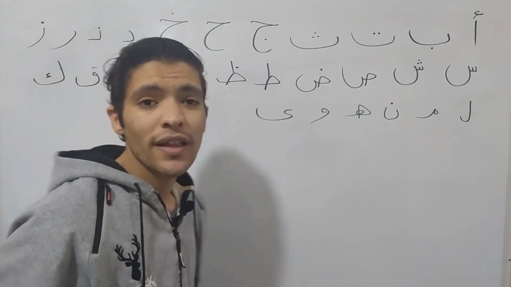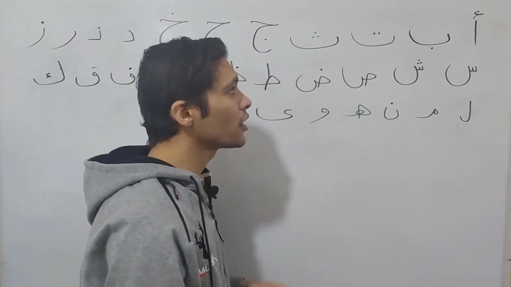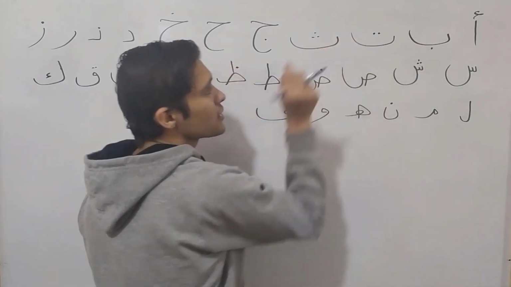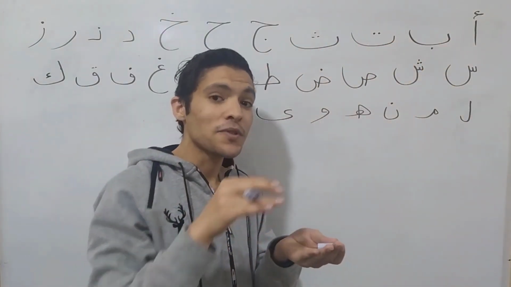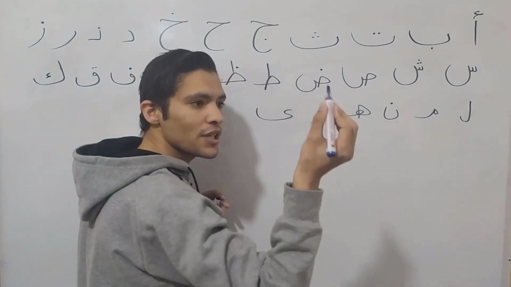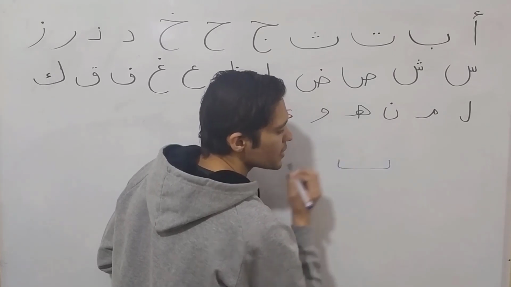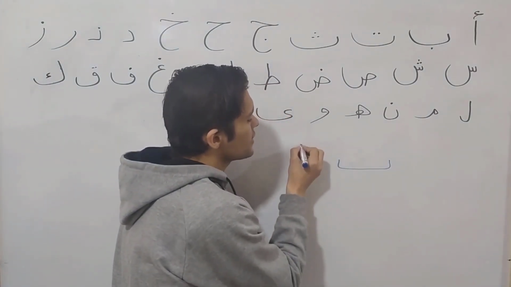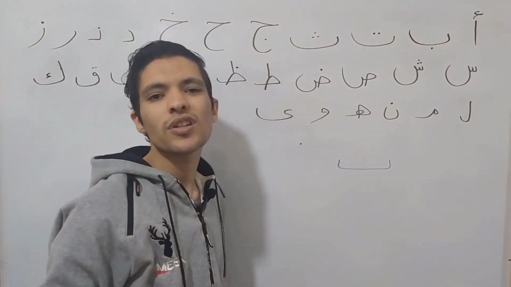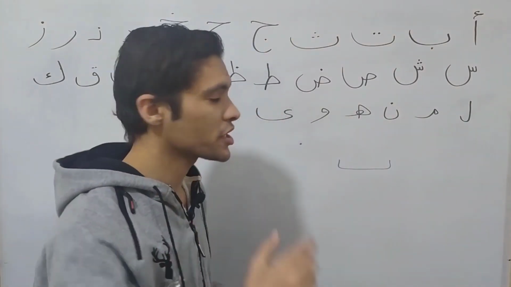I will start with the bed letters. Let's just say it's a bed letter, because look at this, it's kind of like a bed, something you sleep in. So if we say that this is a bed, okie dokie, and let's say this dot is your daughter. Remember this.